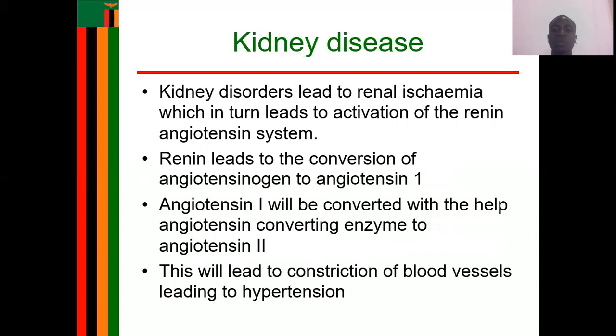Angiotensin 1 will be converted with the help of angiotensin converting enzyme to angiotensin 2. This will lead to constriction of the blood vessels, leading to hypertension. So if somebody has a kidney disorder, it's going to affect the blood flow, causing ischemia to the kidney, which activates the renin-angiotensin system.